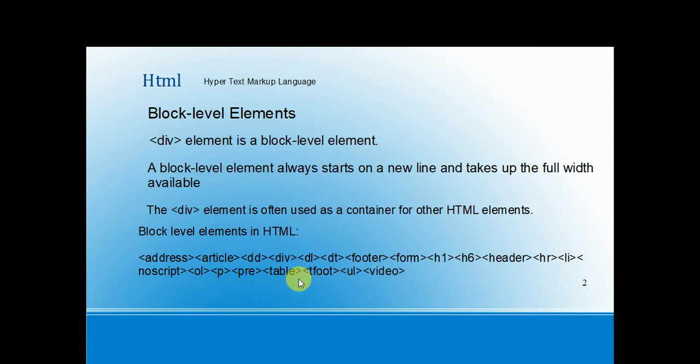These are all examples of block elements. Some of these tags I have already given examples of in my previous tutorials. If you have not seen them, please see my previous videos.